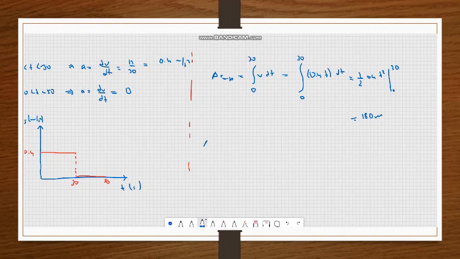And for delta S from 30 to 50, again we need to take the integral from boundary 30 to 50 of v dt.